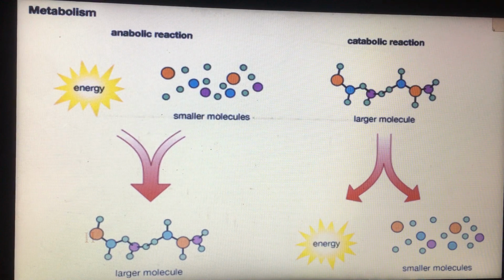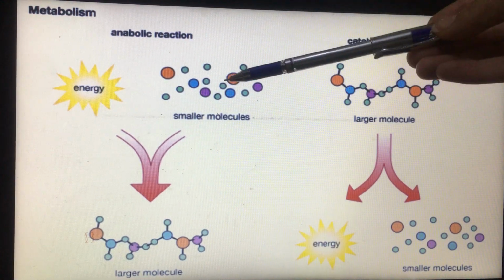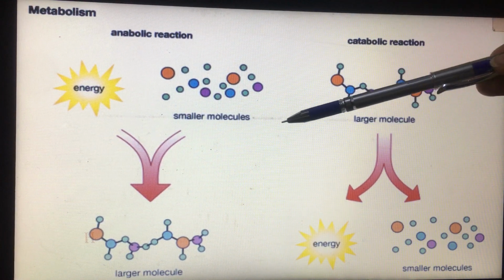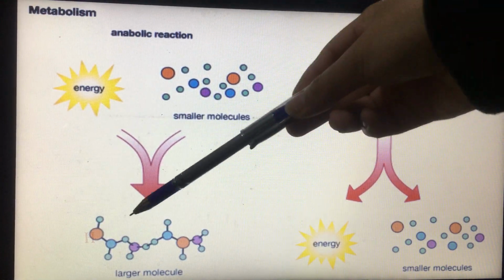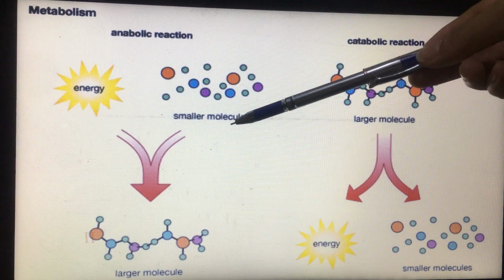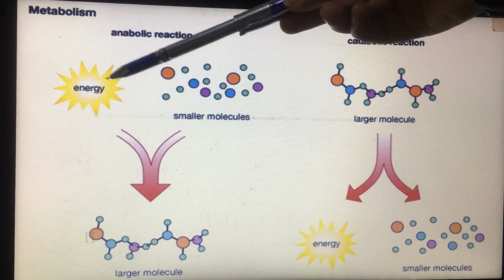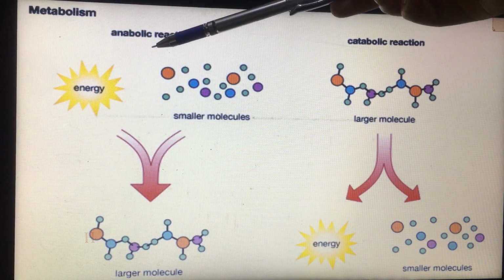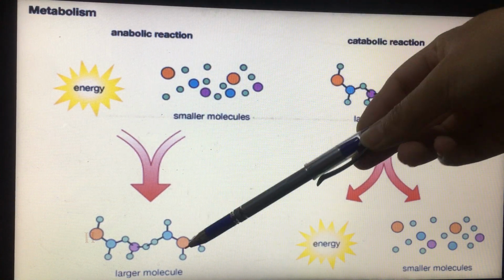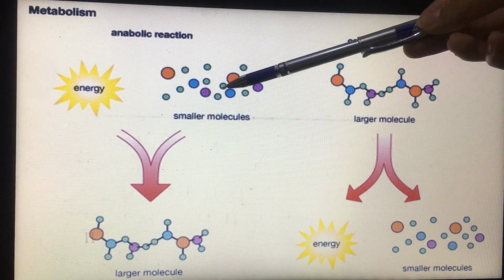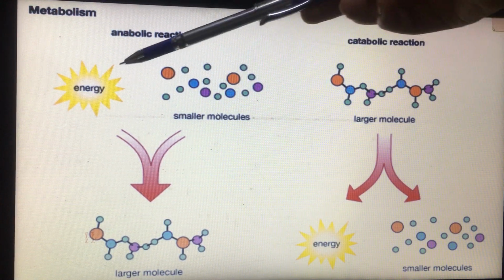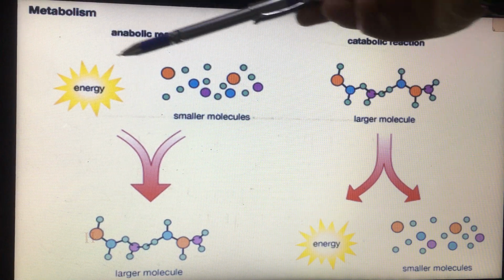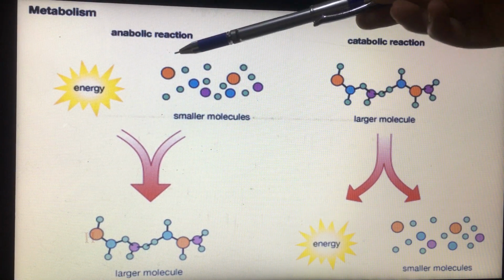In the first part, you will find that in this reaction, large molecules are built up from smaller ones, and this reaction requires energy. This reaction is called anabolic reaction.